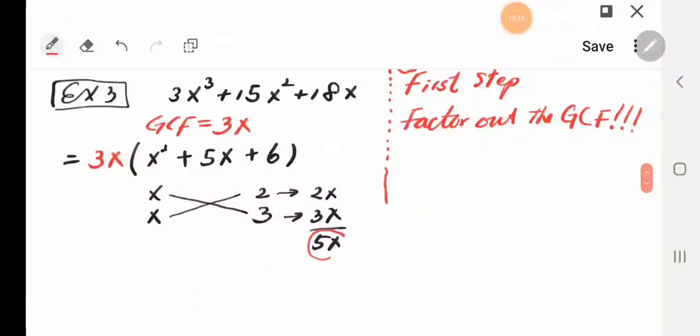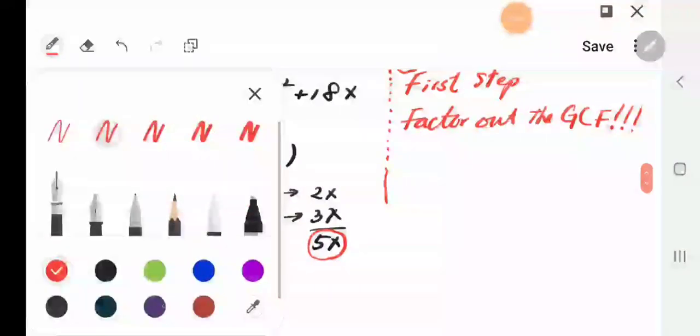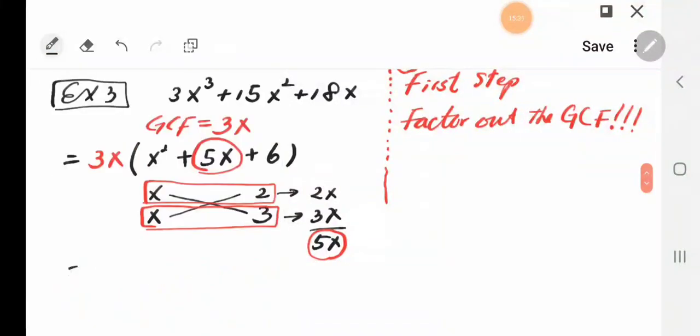So we found the match. So this trinomial will become a product of these two binomials. That will be 3x times x plus 2 times x plus 3. Check each factor, x plus 2, x plus 3, there's no common factor, so they are primes. So we are done.